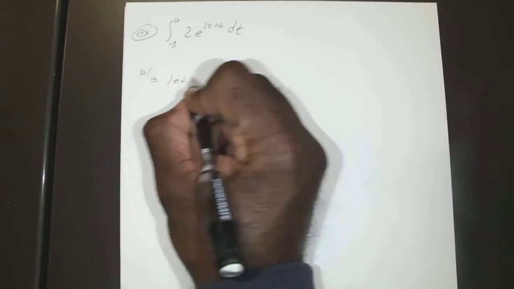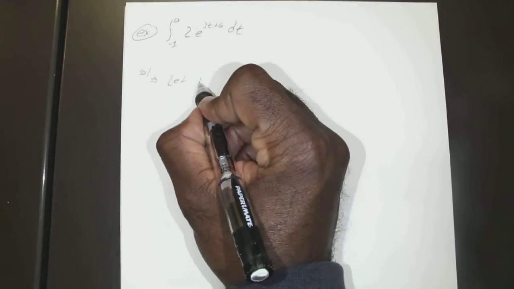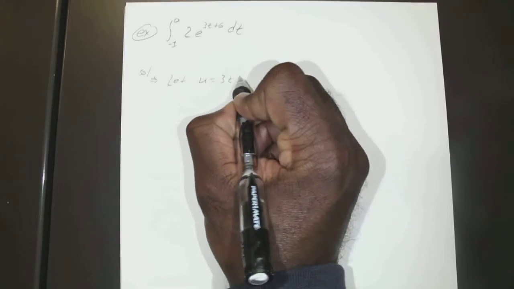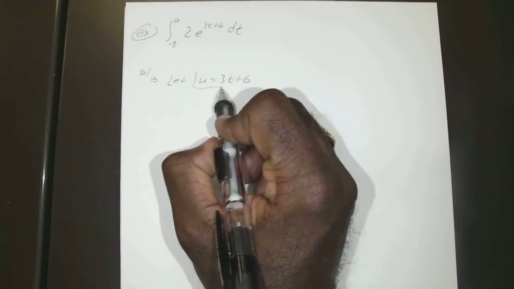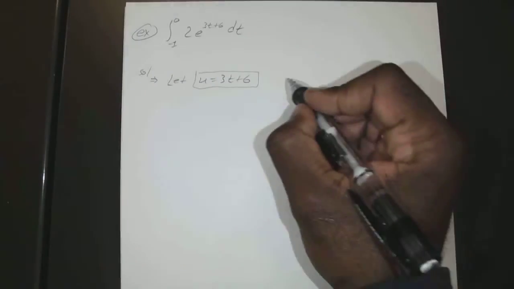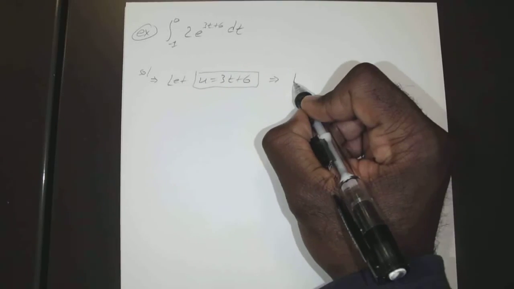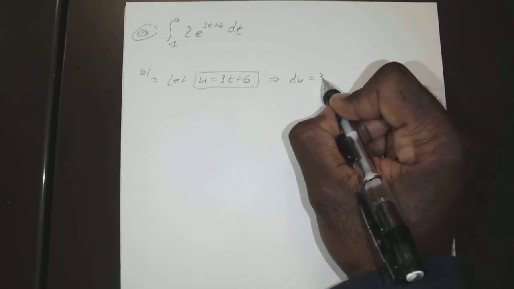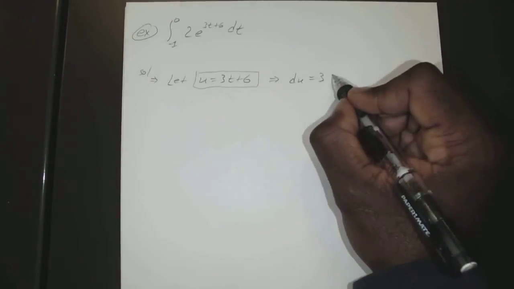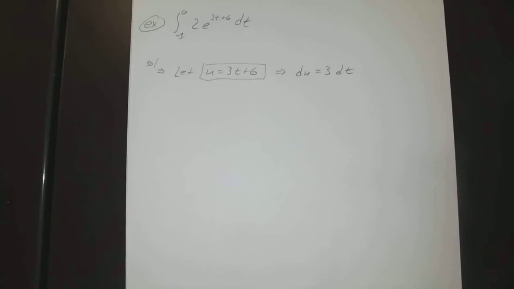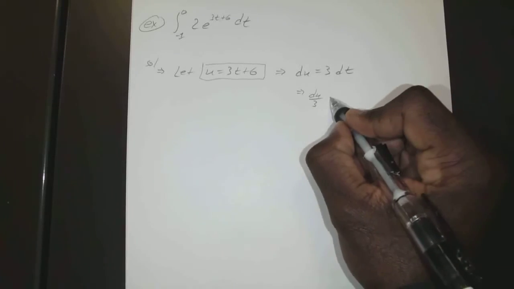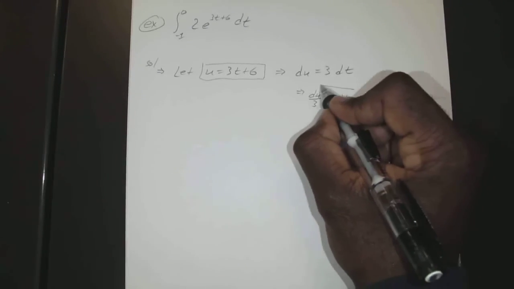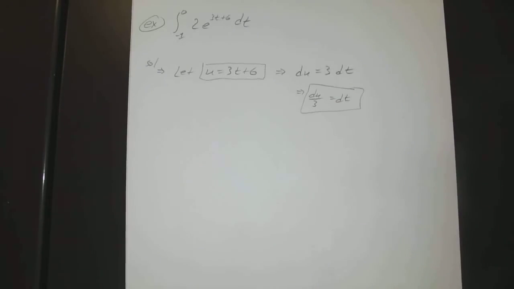So you can just let u equal 3t plus 6, so we can get our e to the u. Okay, so your derivative of u is equal to 3 with respect to t, or du over 3 equals dt.